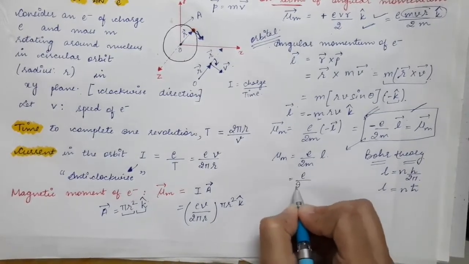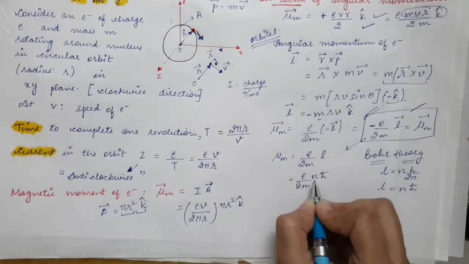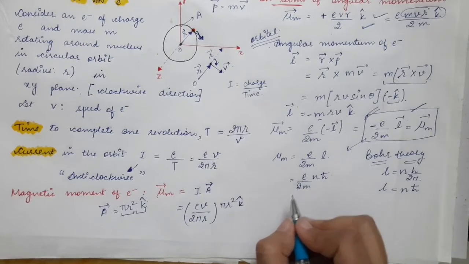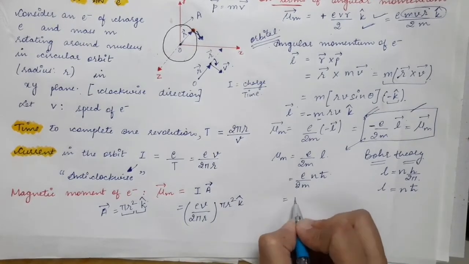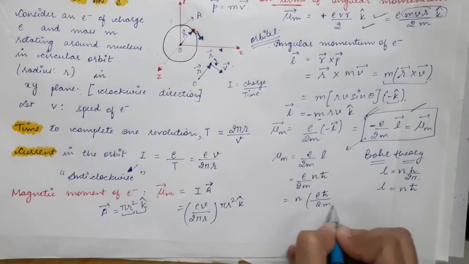So over here also you can substitute L as n h cut. So this will be equal to e by 2m times n h cut. This n is an integral value, so it can be taken to the left hand side like this, and you will get e h cut divided by 2m.